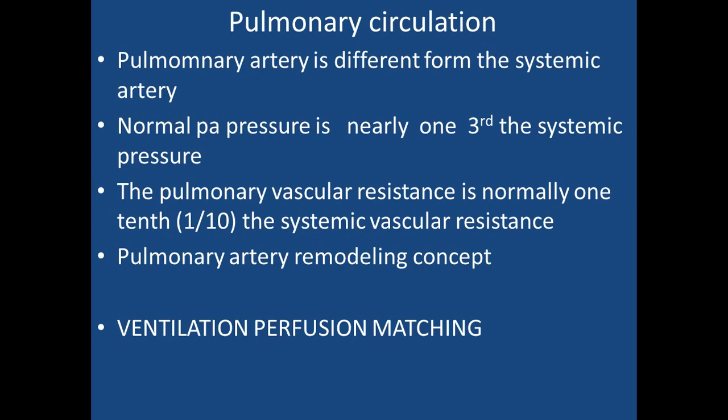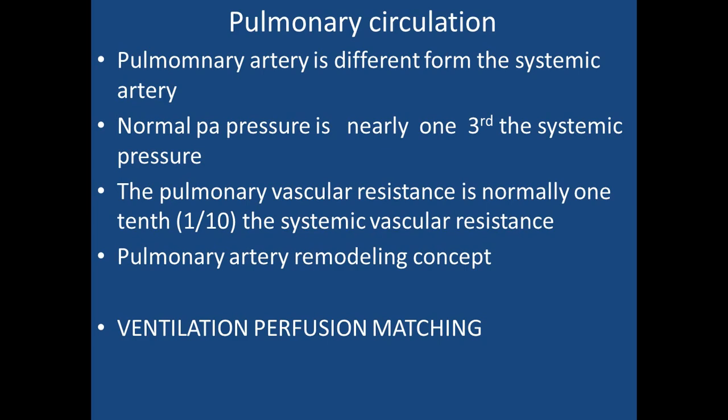This remodeling we call systematization, in other words, the pulmonary artery structure will look just like the systemic artery in that it contains a thick elastic layer that facilitates creation of high pulmonary vascular resistance.